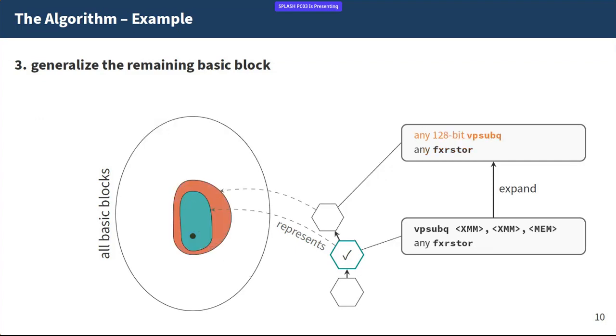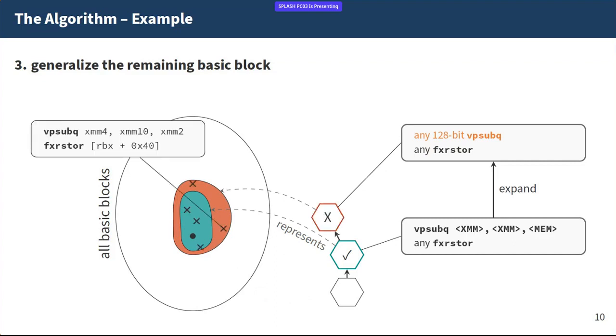The next step is starting over again, doing another expansion. For example, here we might relax the constraint of using memory in the first instruction, leading to a slightly larger set of represented basic blocks. If we then randomly sample concrete basic blocks from there and check whether they're interesting, we will find that some of them are interesting, but there will also quite likely be some that are no longer interesting.